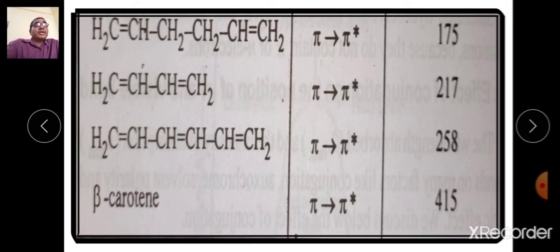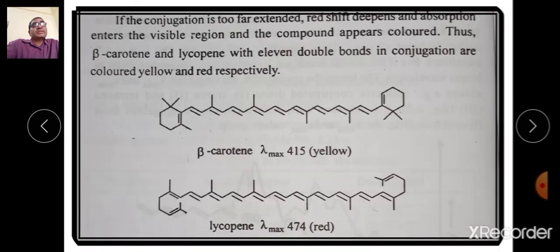Thus, when conjugation increases, the absorption band shifts to the longer wavelength. In the case of beta carotene, the lambda max value is 415 nanometers, which we are going to see next. Okay, this is beta carotene.